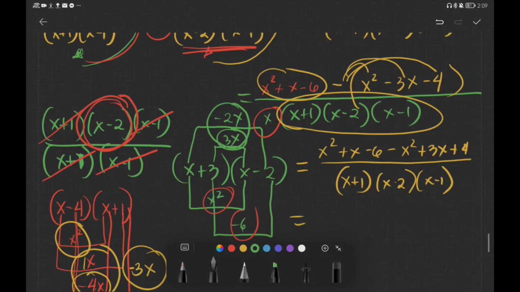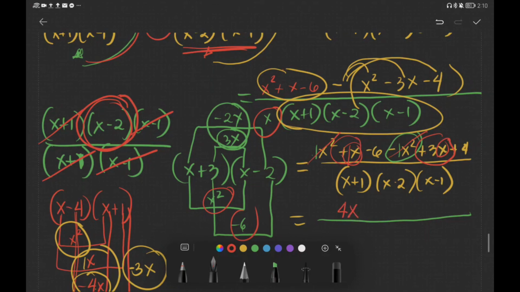Now, we combine like terms. The like terms here are x squared and negative x squared. We subtract, because they do not have the same sign. Considered as 1 there and 1 here. 1 minus 1, that is 0. So, it does not need to be written. And another pair of like terms, positive x and positive 3x. Positive x is considered as 1. They have the same positive sign. So, we add 1 plus 3, that is 4, and we copy the variable x.